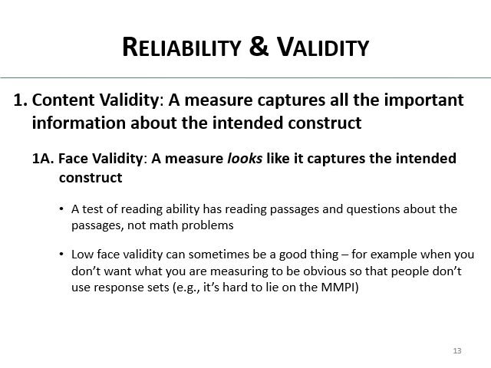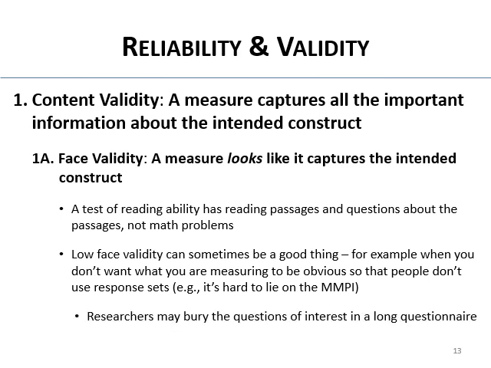The MMPI, the Minnesota Multiphasic Personality Inventory, is like 500 questions, just yes or no. I don't have hair. I wet the bed. It's just tons and tons of questions, and it's really hard to lie on because you have no idea which questions correspond to which psychological personality characteristic they're trying to measure.